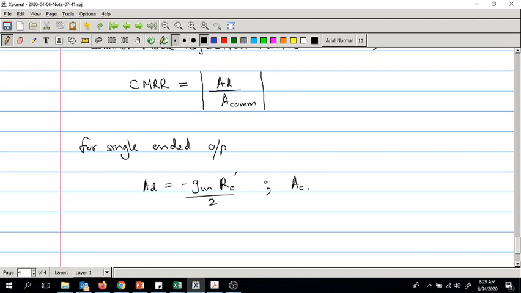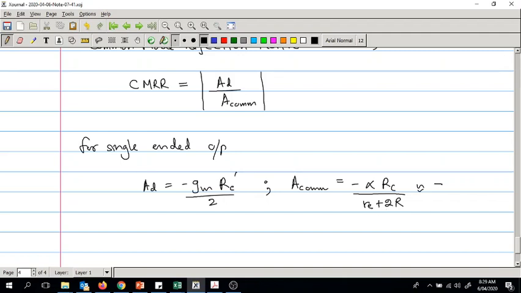And A common mode gain is minus alpha RC divided by RE plus 2R. Can be approximated by neglecting the RE.